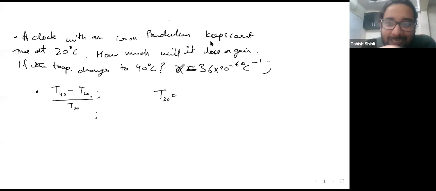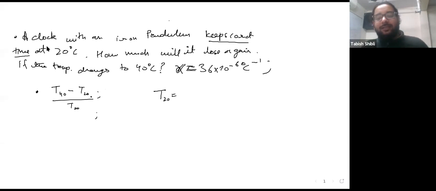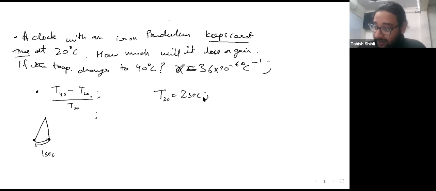Since it's saying that it keeps the correct time, क्या ये हमको थोड़ी एडिशनल इंफॉर्मेशन यहाँ पे दे रहा है? पेंडुलम क्लॉक्स कैसे काम करती हैं? पेंडुलम को एक एक्सट्रीम से दूसरे एक्सट्रीम पे जाने में 1 सेकंड, और वापस आने में 1 और सेकंड। तो टोटल टाइम पीरियड 2 सेकंड। So you already know that the time period is 2 seconds at 20 degrees Celsius because वो सही काम कर रही है.